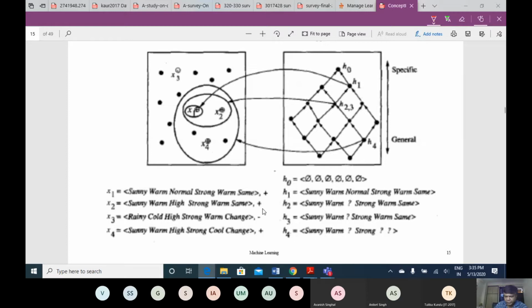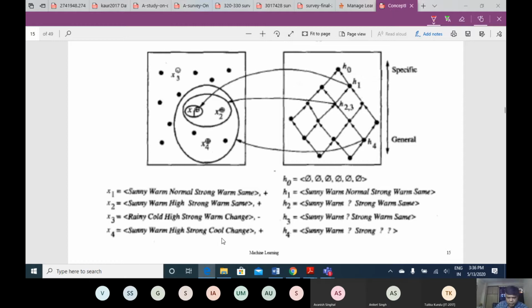Okay, now a negative example does not make any change, so it remains the same in the Find-S algorithm. And now this is another positive example: sunny, warm, high, strong, cool, change. Okay, so we see the current hypothesis. Sunny is same, warm is same, question mark for humidity, it doesn't matter, so it remains question mark. Strong remains strong.